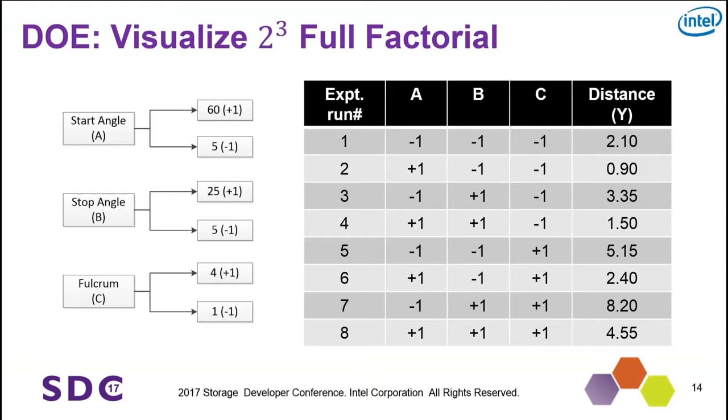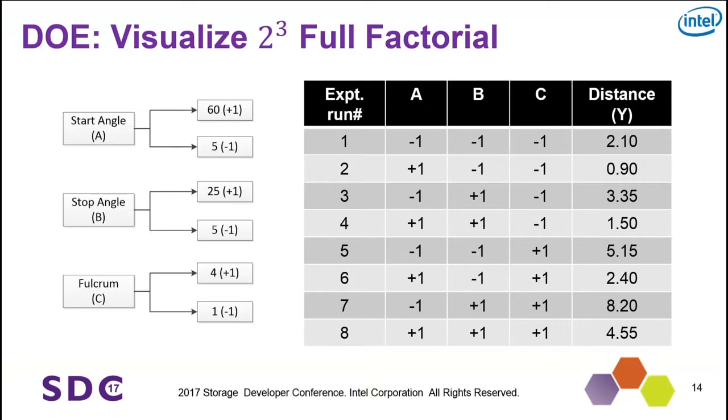Let's say this is an example with 3 factors, 2 levels. What does it mean? Start from the very left-hand side. You will see there are 3 factors, A, B, C, and each of the factors has 2 levels, minimum and maximum. That is the range we're going to study, the boundary in the study. So we coded the minimum as -1 and the maximum as +1.